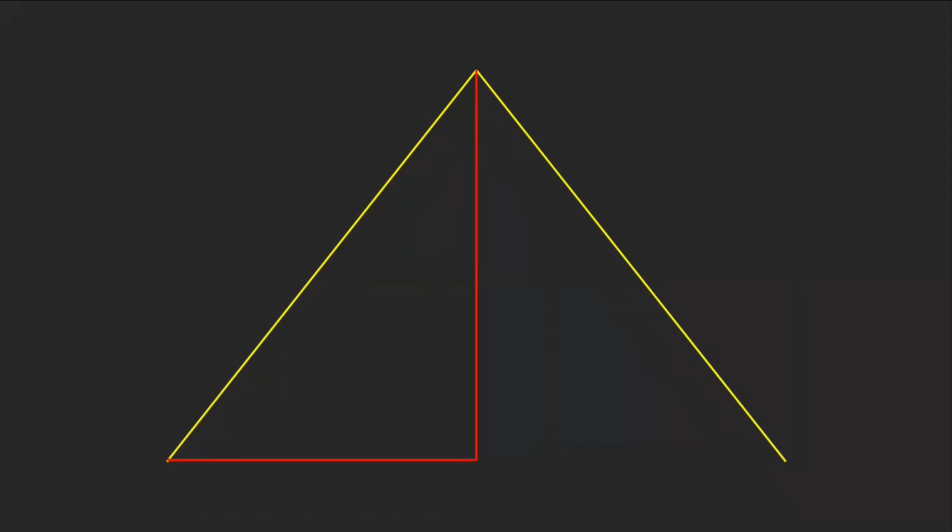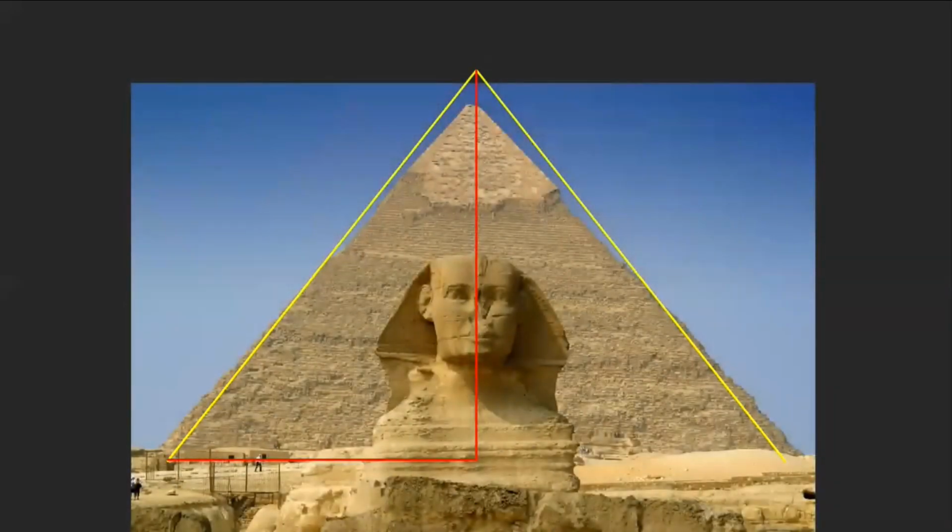I'm simply doubling it, mirroring it on itself here to create this shape, which is not very far off at all from the Great Pyramids at Giza. Now, this photograph is taken from the ground, obviously, which is going to play with our perspective on it. So the pyramid, in this photograph at least, won't appear to line up perfectly. And the pyramids aren't precisely this proportional relationship, but they're very close.